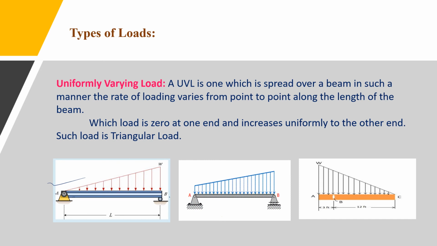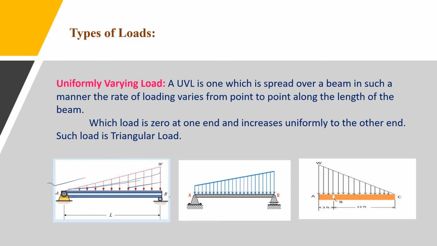So from point to point the load varies. At one end the load is 0, then it increases uniformly to the other end. During this increase, the shape of the load is a triangular load.